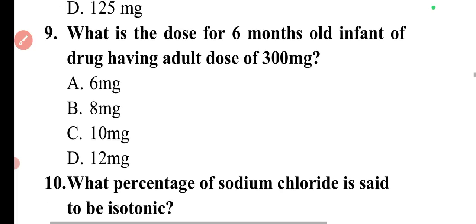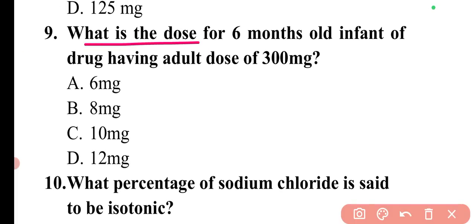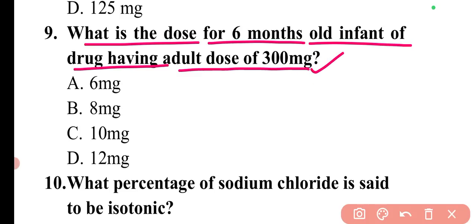Then we can move to the next question. The question is, what is the dose for a 6-month-old infant of a drug having adult dose of 300 mg? So we have the age of the child in months. If the age is given in months, then we will use Fried's rule.